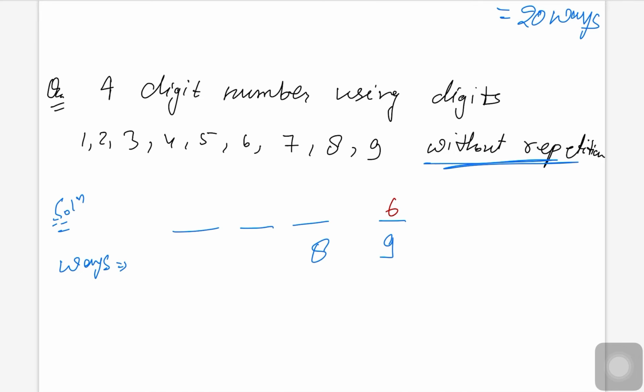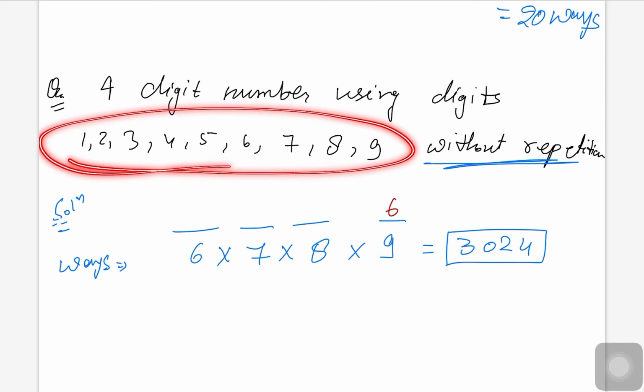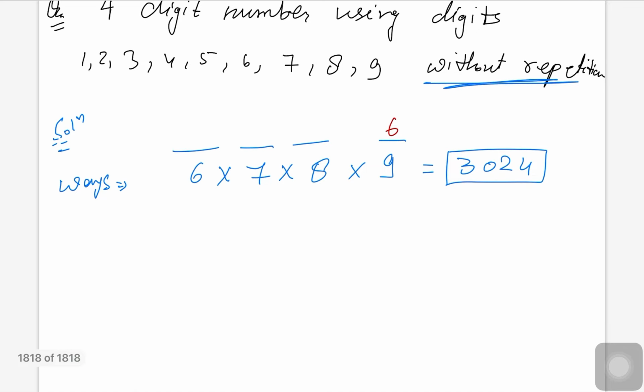Now for the hundreds place, there are 7 ways, and for this there are 6 ways. So it will be 9 into 8 into 7 into 6, which is 3024. So there are total 3024 4-digit numbers I can make with these 9 digits without repetition.